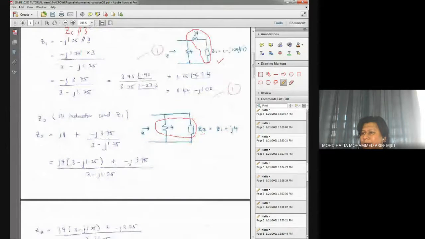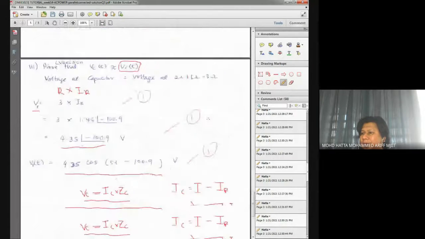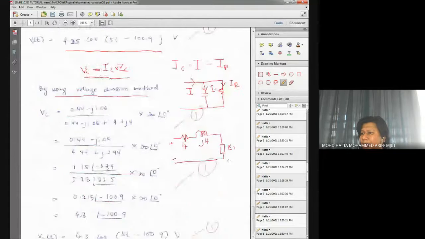So the value of Z1 over here is 0.44 minus j1.06. This is for Z1.